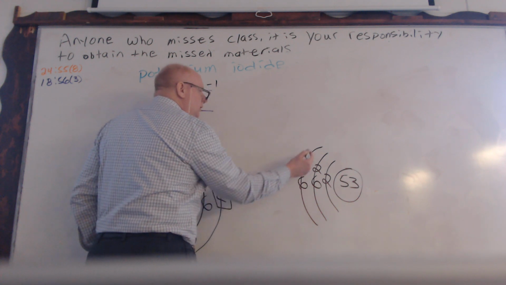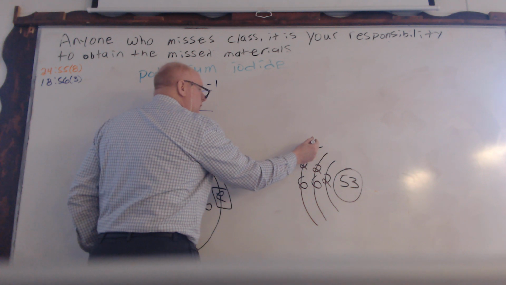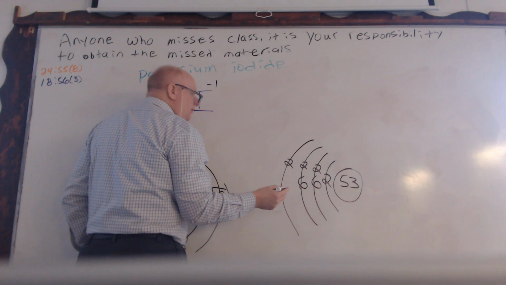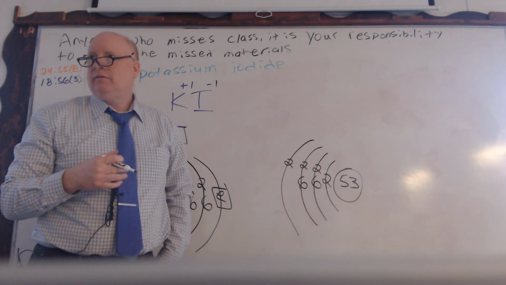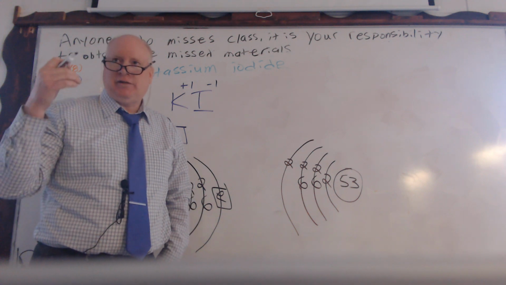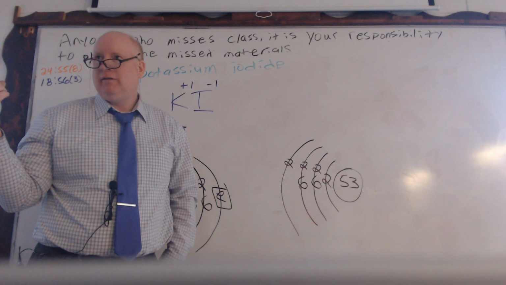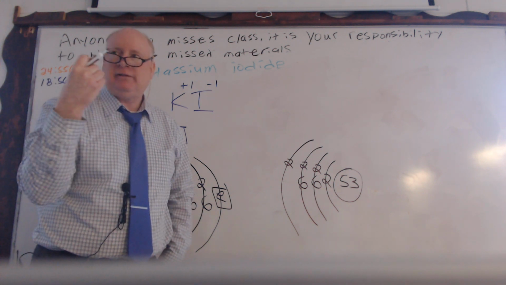Okay. 4s what? Okay. Then do we stay in the 4th energy level? No, we go back down to the 3rd energy level. Which block? The D block. And the D block has how many columns?